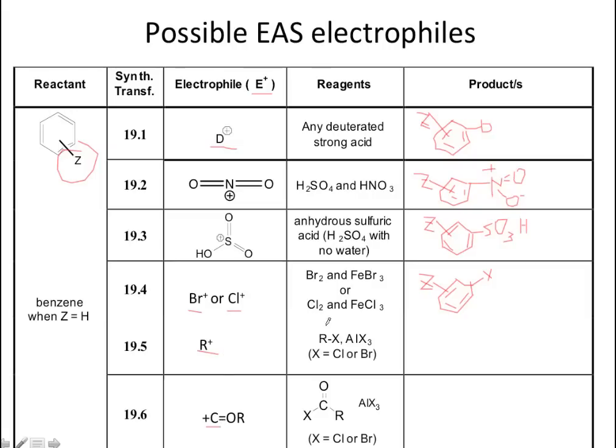In both cases, these are made from the corresponding halides, bromides or chlorides, in the presence of a catalytic amount of aluminum trichloride, or the acid chloride in the presence of aluminum trichloride. The products of Friedel-Crafts alkylation and acylation do involve making a new carbon-carbon bond.